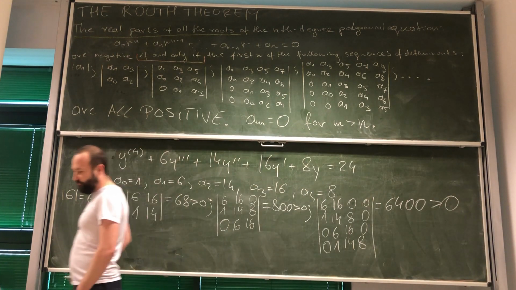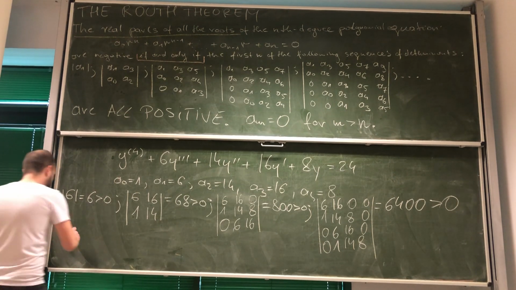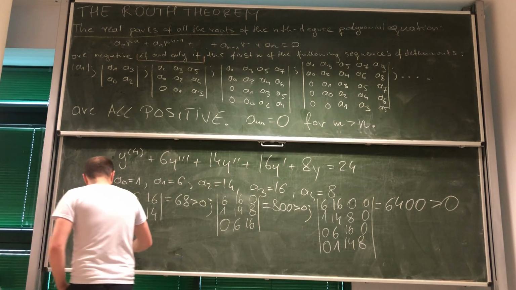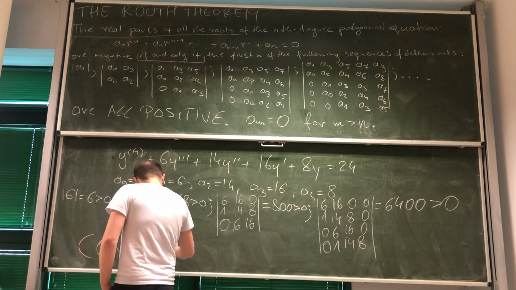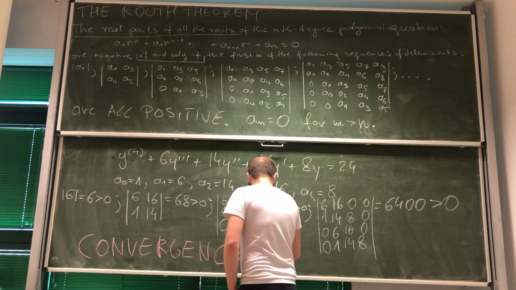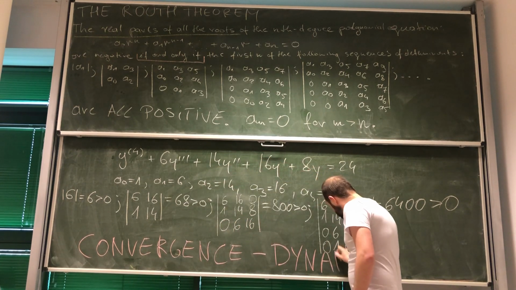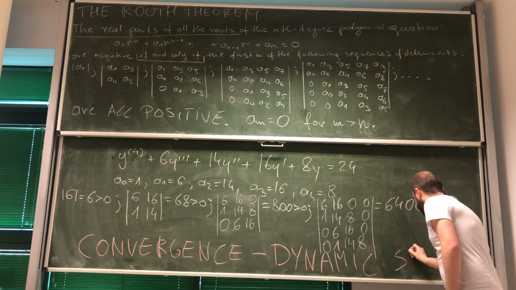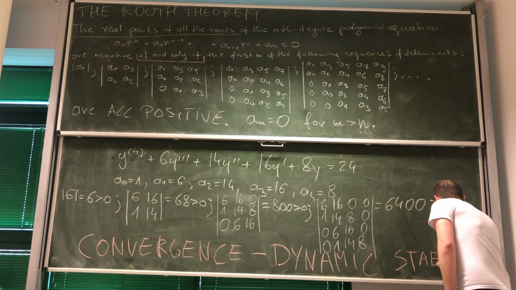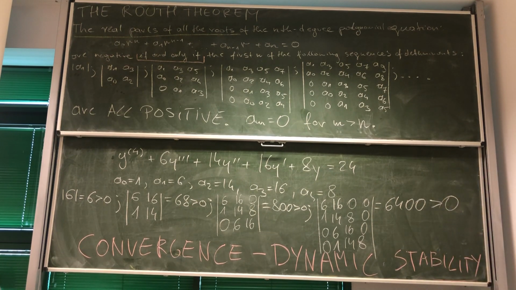And because those 4 determinants are bigger than 0, it means that we've got convergence and dynamic stability of equilibrium.